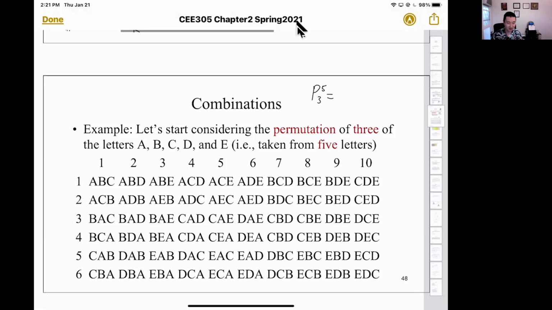When the order does matter, we use the permutation equation: factorial of 5 over factorial of 5 minus 3. So we have 60 possible outcomes, totally 60 outcomes.